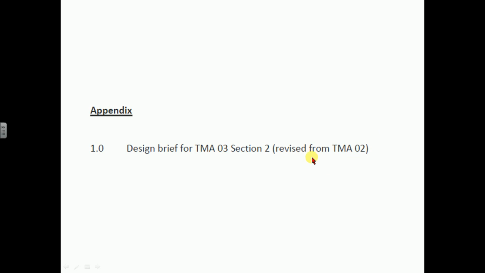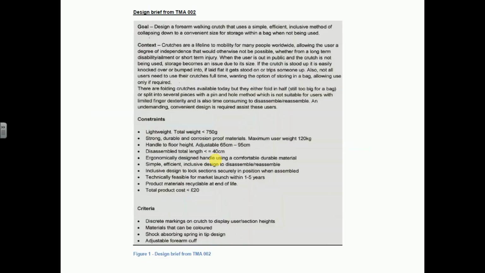Your TMA should be built upon your TMA02, and you should probably include your design brief somewhere for the marker. Most people would incorporate it in the appendix section. They would shove the design brief in there.